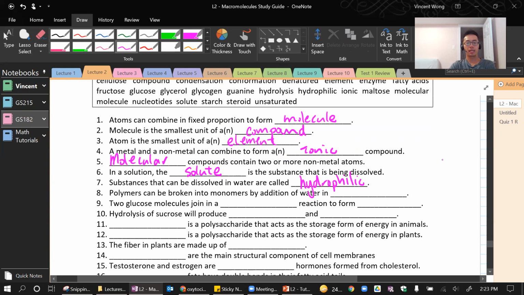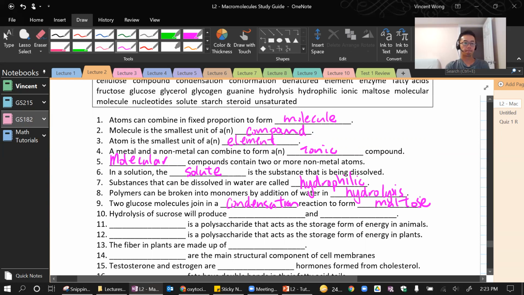Polymers can be broken into monomers by addition of water in hydrolysis. Two glucose molecules joined in a condensation reaction to form maltose.